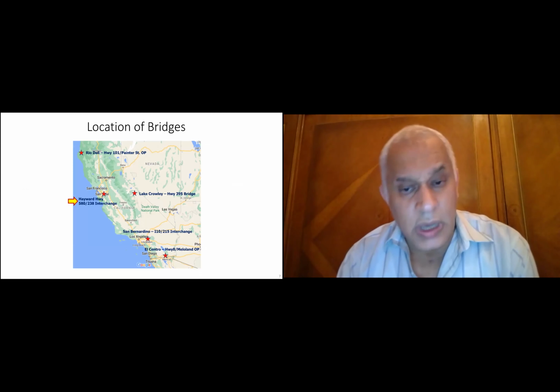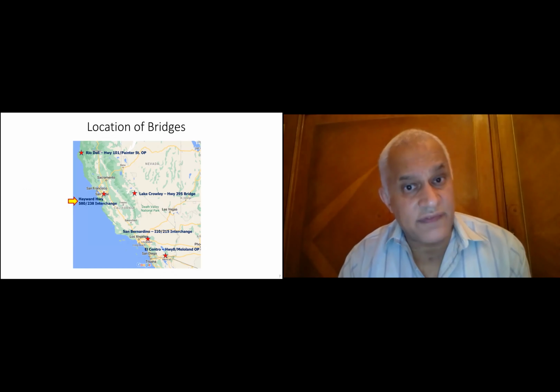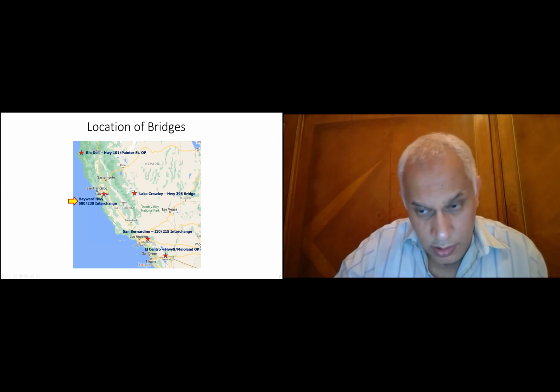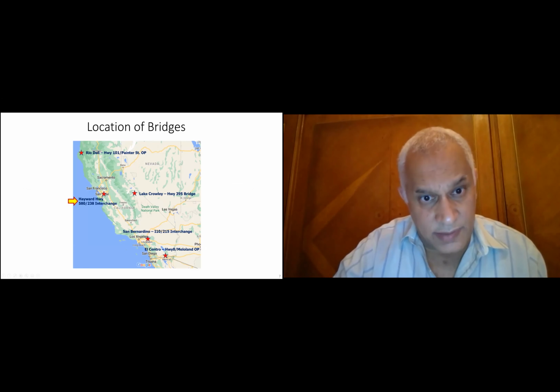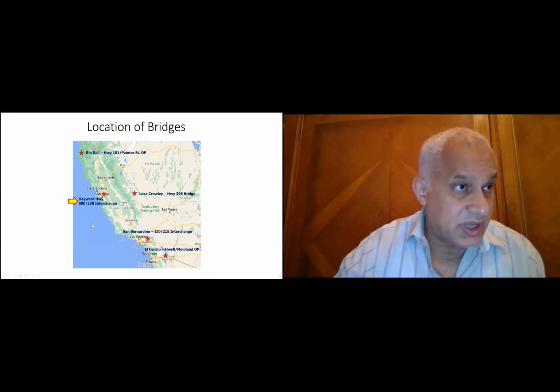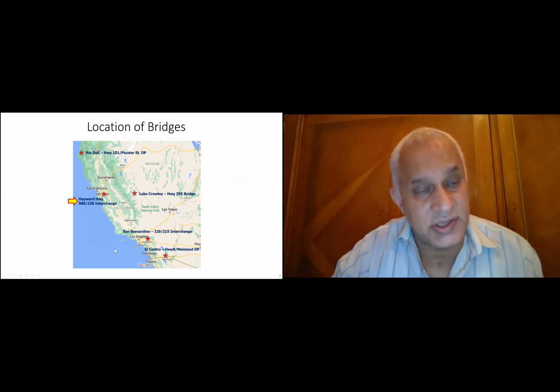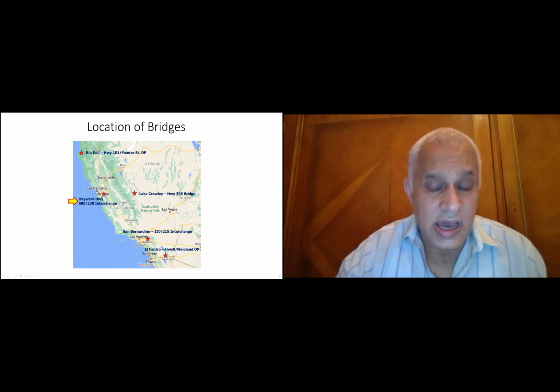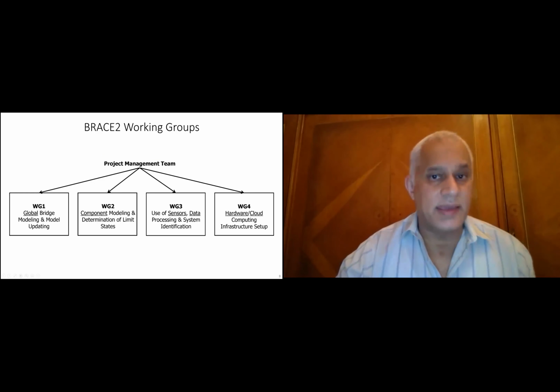These 5 bridges are also geographically distributed over the state of California, so they give us good coverage of the seismic hazard all over California. And I put an arrow here next to the Hayward Highway bridge because it is our main bridge, where all steps of BRACE 2 are being exercised, including acquiring the data in real time.